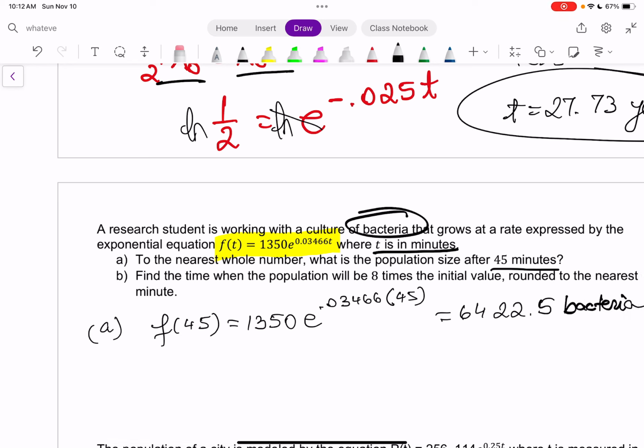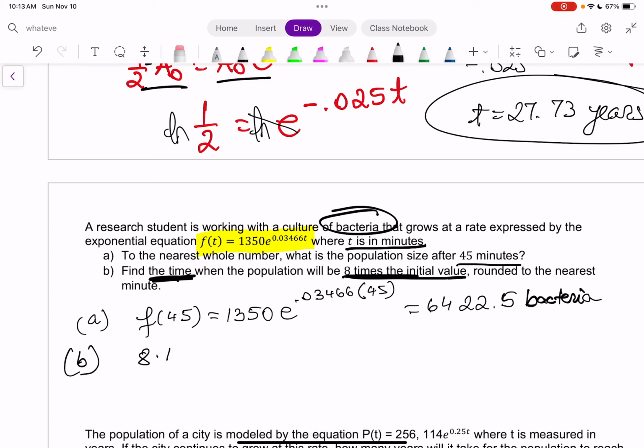Now next question, it says find the time, so this time we have to find t, when the population will be 8 times the initial value. So the population will be 8 times this initial value of 1350.